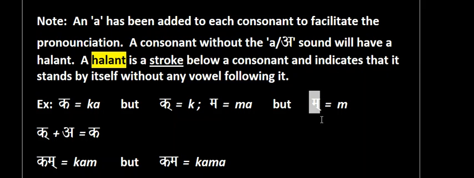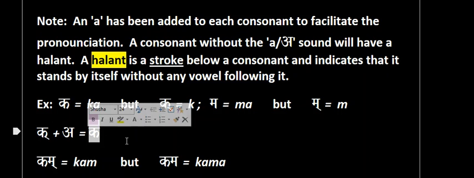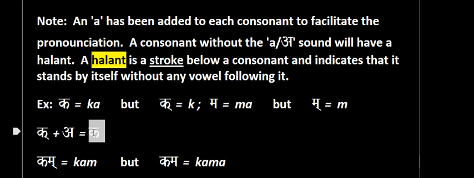Okay? So that's the sound. Without the halant, it's going to be, again, ma. So in the bottom here, let's go back to ka. So k plus a gives you ka. And this is the letter that we actually learned, ka. Now this halant doesn't really show up in Hindi. This is actually something that is used in Sanskrit.